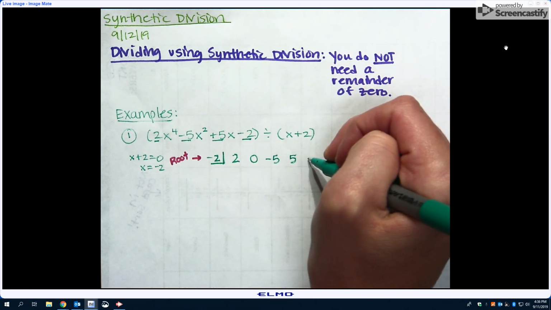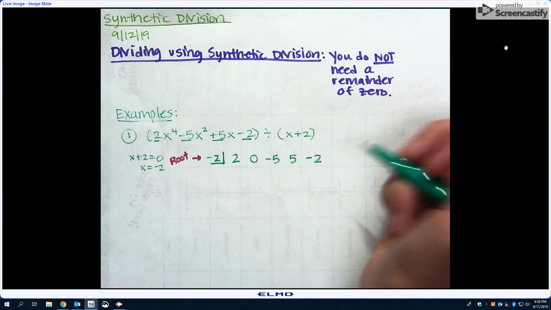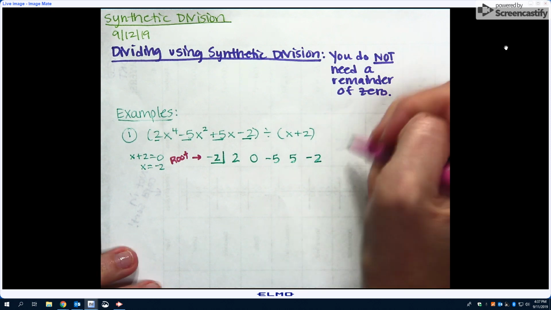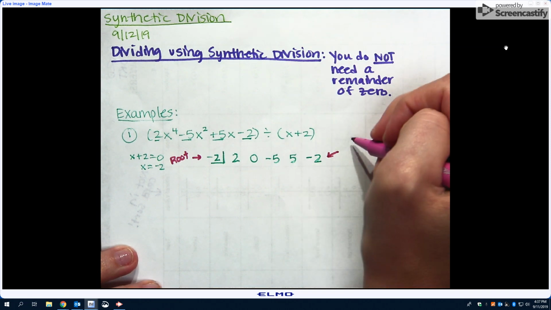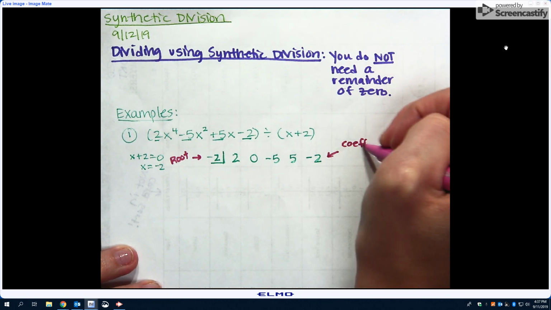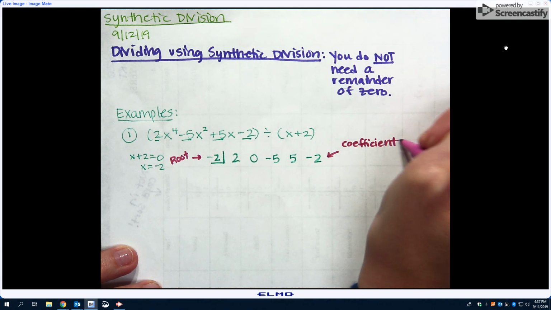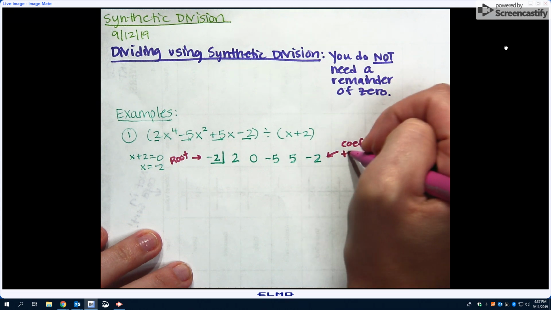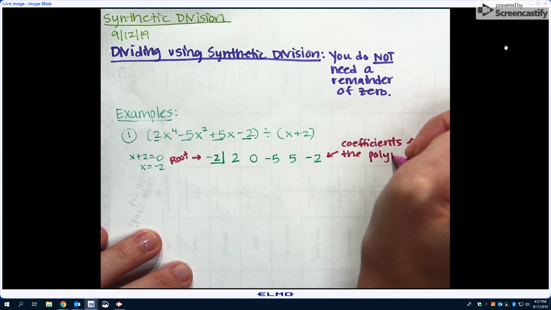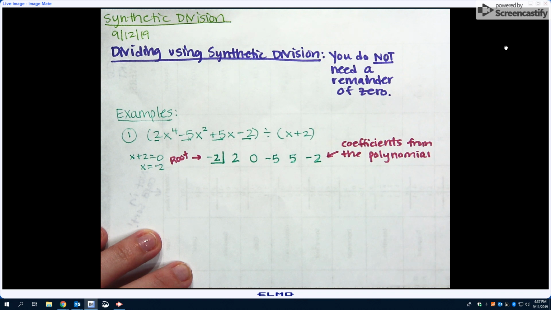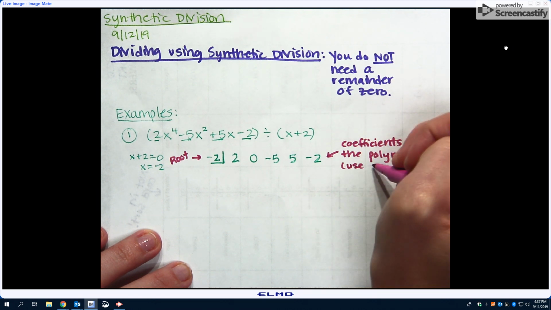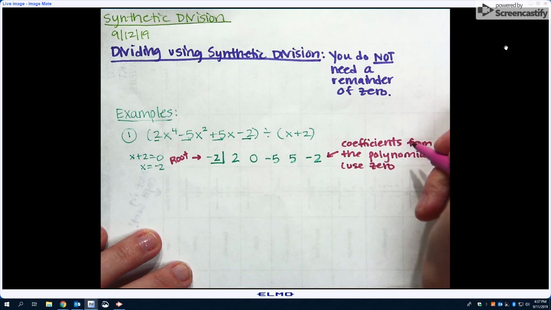And my constant is negative 2. So this top row are going to be your coefficients. I'm going to write this down. So these are your coefficients from the polynomial. See on the screen. And I'm going to make a little note here to use 0 for any missing terms.